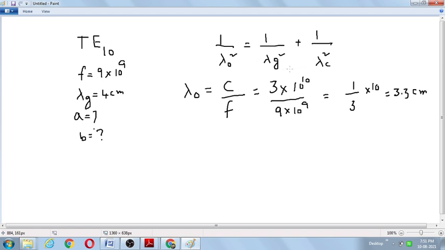Next, lambda g is equal to 4 centimeters according to the given data.